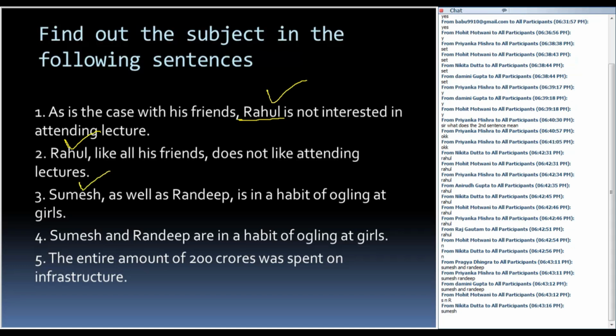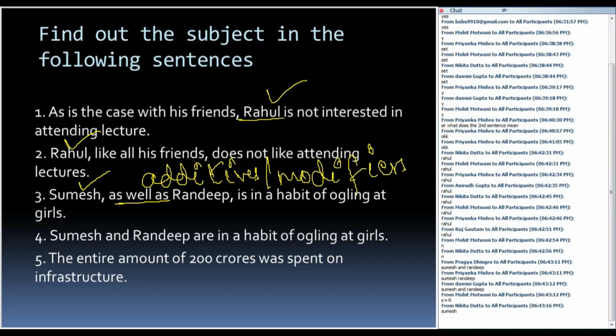Whenever after the subject you have words like as well as, along with, they are actually called additives. Additives are nothing but extra information. They are modifiers. And in subject-verb agreement, there is a rule that when you see modifiers, ignore them. So it is just Sumesh. It's not Randeep.